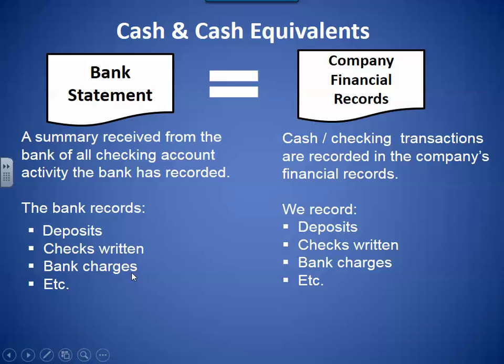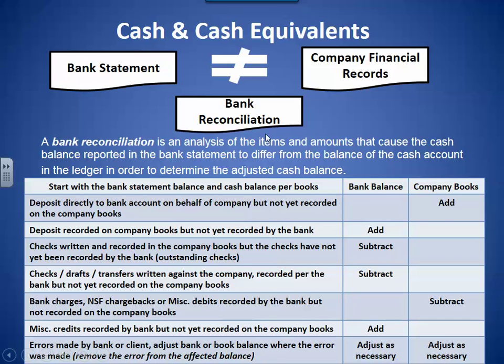In the case of bank charges, a bank may charge us for things we're not aware of, and we can't record them on our books until we see the bank charges. That's why we perform a bank reconciliation: in reality, the company financial records never agree to the bank statement. We have to understand why those differences have occurred.